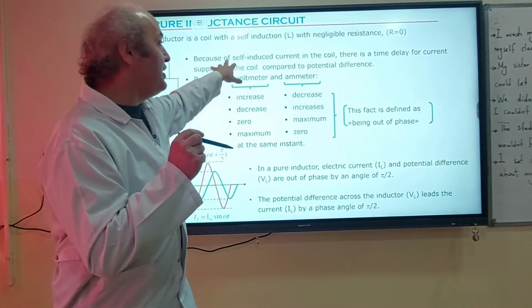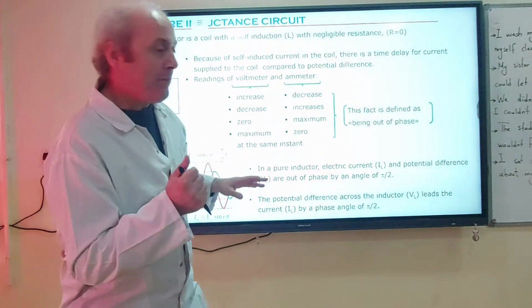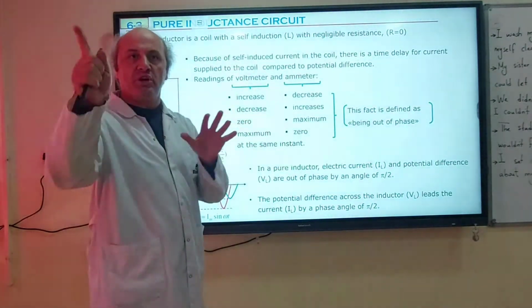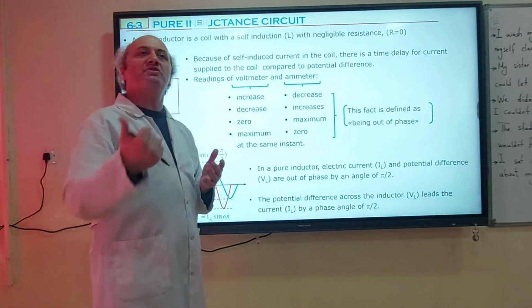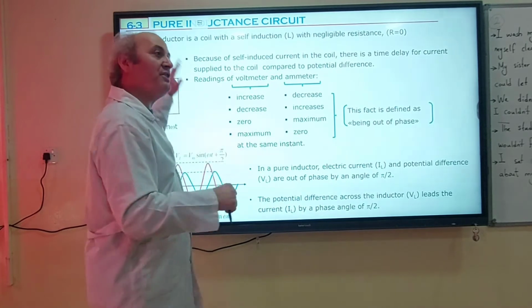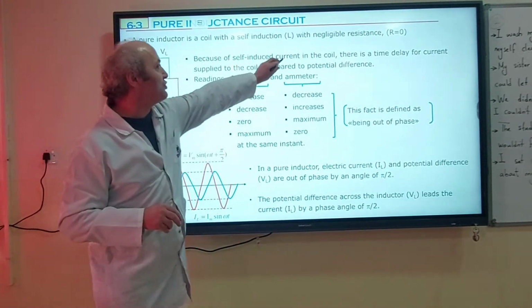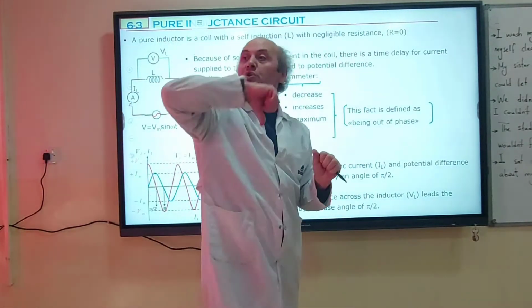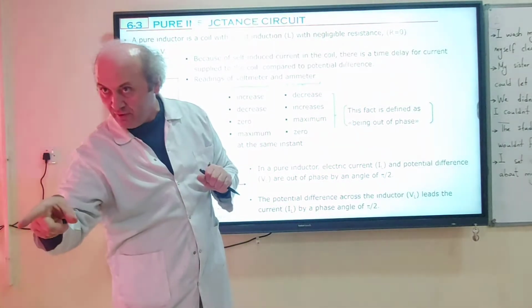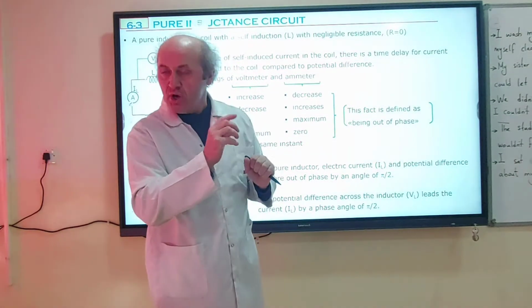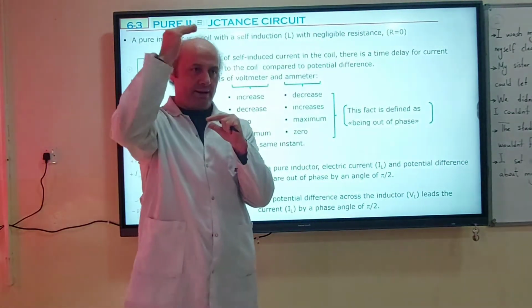Now, in here we are going to use this because alternating current is continuously changing. Just like switching on, off, on, off, on, off. Because of the self-induced current in the coil, which is in the opposite direction of the applied current, current cannot be maximum very quickly.